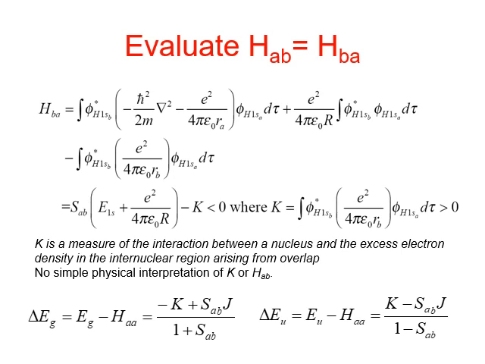And here is how to calculate the HAB, which involves a K integral. K is a measure of interaction between a nucleus and excess electron density in the internuclear region arising from overlap.